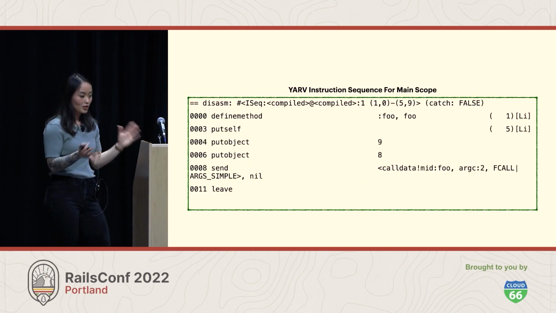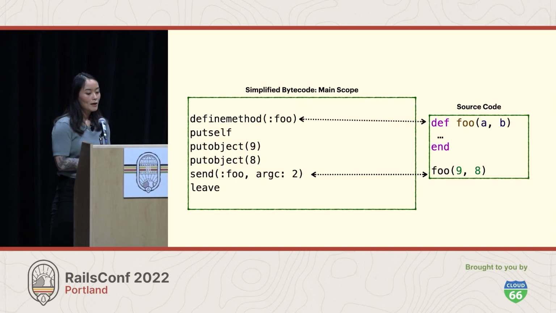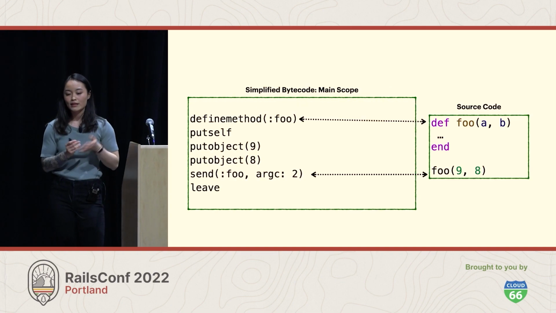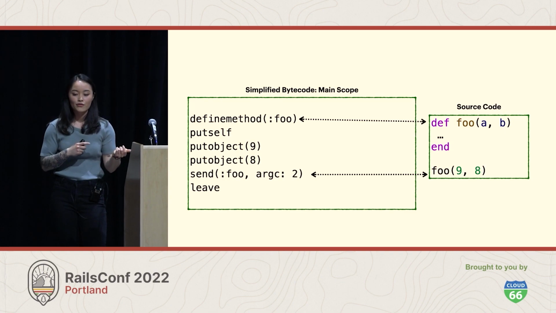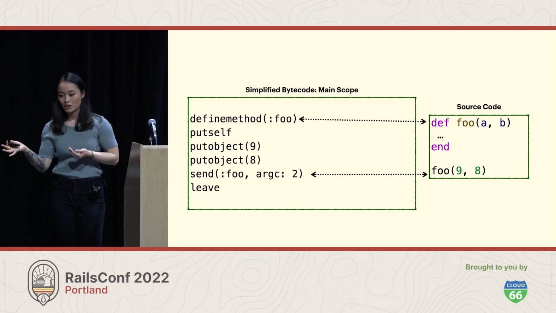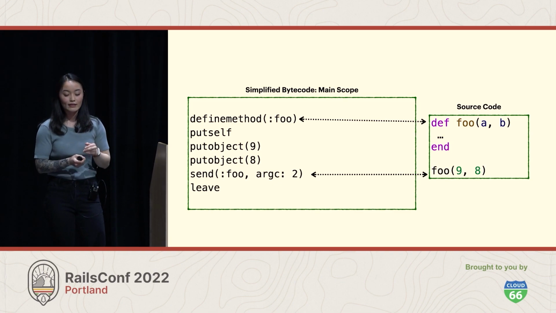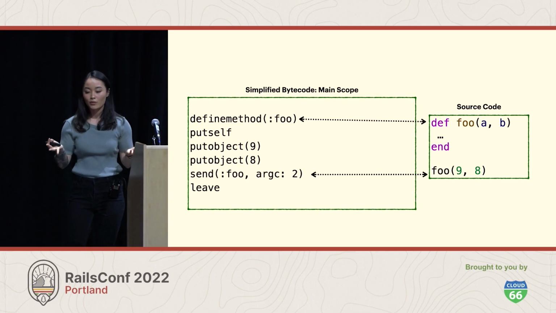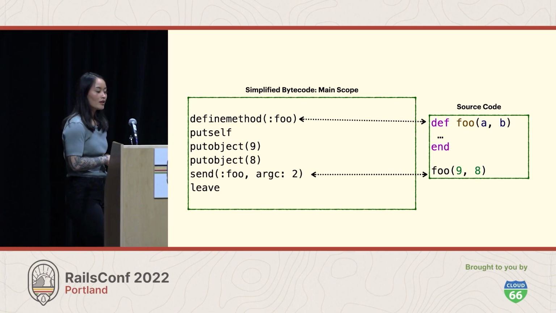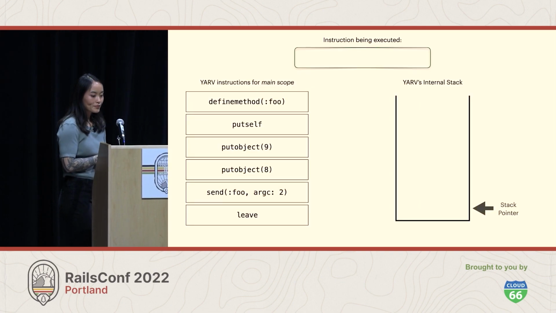This is the bytecode for the main scope, and I'm going to simplify it. As you can see, we can map definemethod foo to the method definition foo in the source code, and putobject 9 and 8, and then send foo with 2 argument counts, which is 9 and 8. All right, let's step through it.